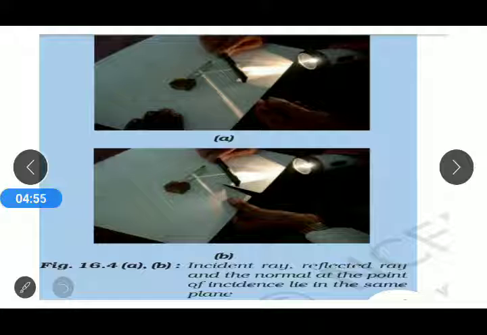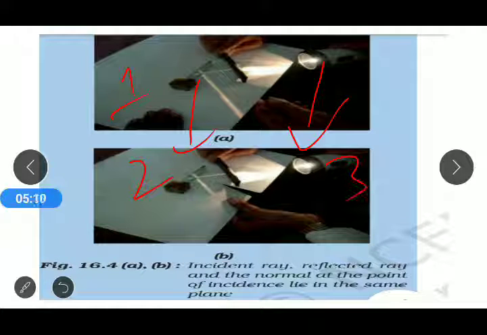In this picture you can see that the same setup is there. We require a white sheet, a plain mirror, a source of light, where we are using a torch, and a comb for producing a ray of light.